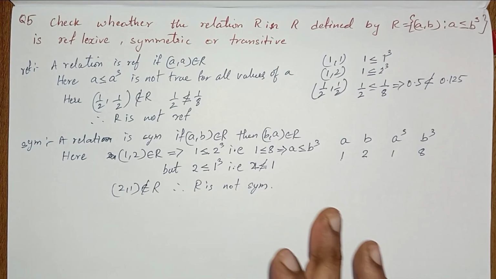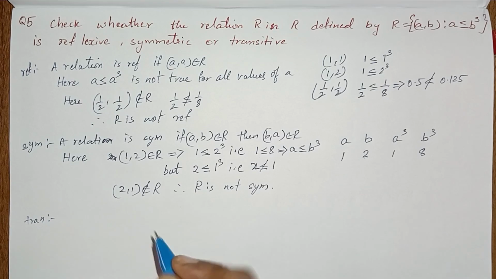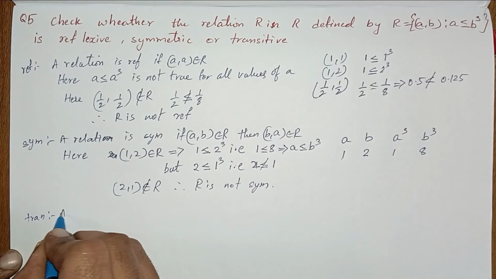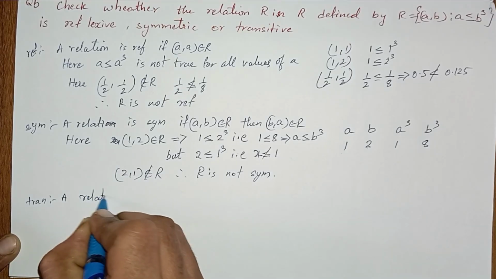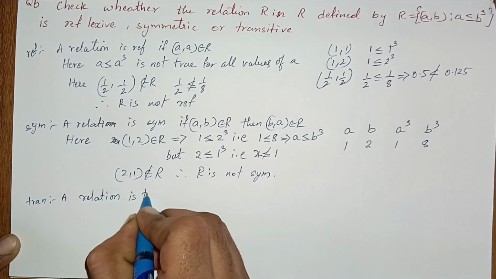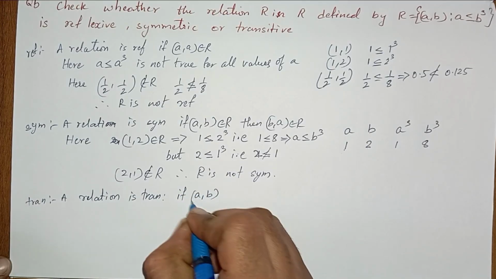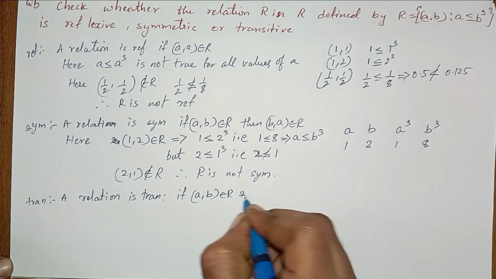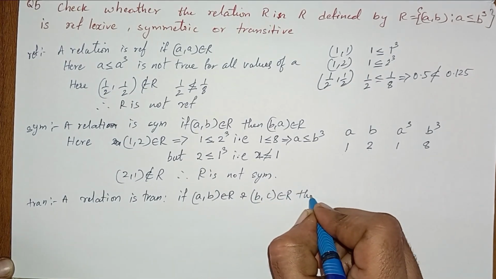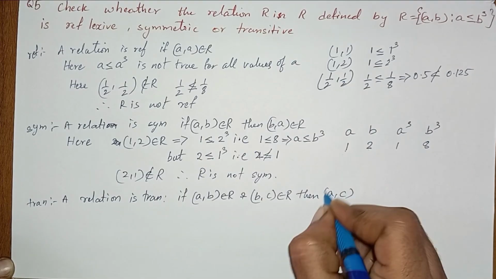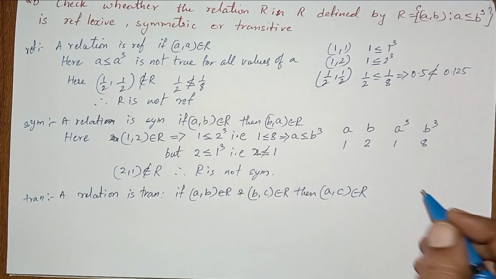So next we will check for the transitive. A relation is said to be transitive if (a, b) belongs to R and (b, c) belongs to R, then (a, c) should also belong to R. So we'll take an example to show that.